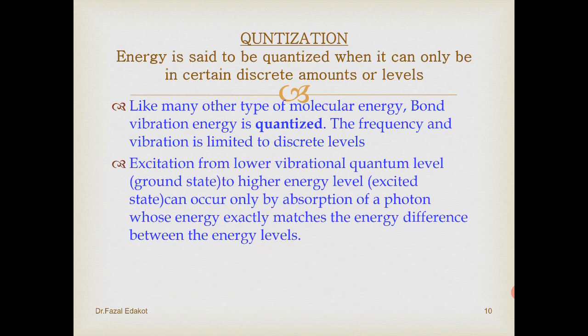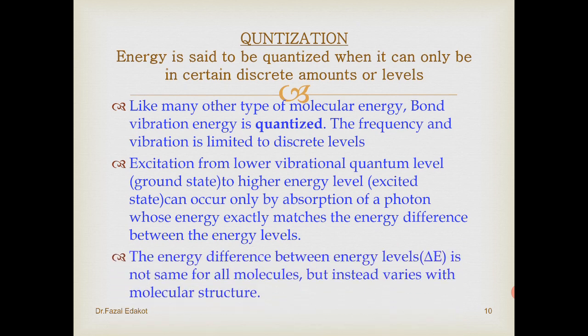Excitation from a lower vibrational quantum level, the ground state, to a higher energy level, the excited state, can occur only by absorption of a photon whose energy exactly matches the energy difference between the levels. This energy difference is not the same for all molecules, but varies with molecular structure.